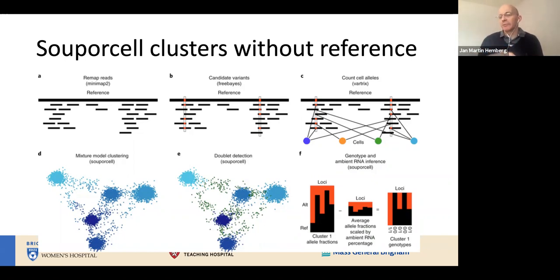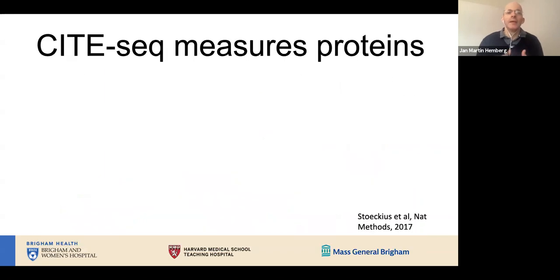So if we observe reads or alleles that deviate significantly from those ratios, then we can be pretty sure that that is due to ambient RNA. So transcripts having bled into every droplet from outside. And so the method can actually produce what I believe is a very good estimate for the amount of ambient RNA in your sample, which is quite useful.